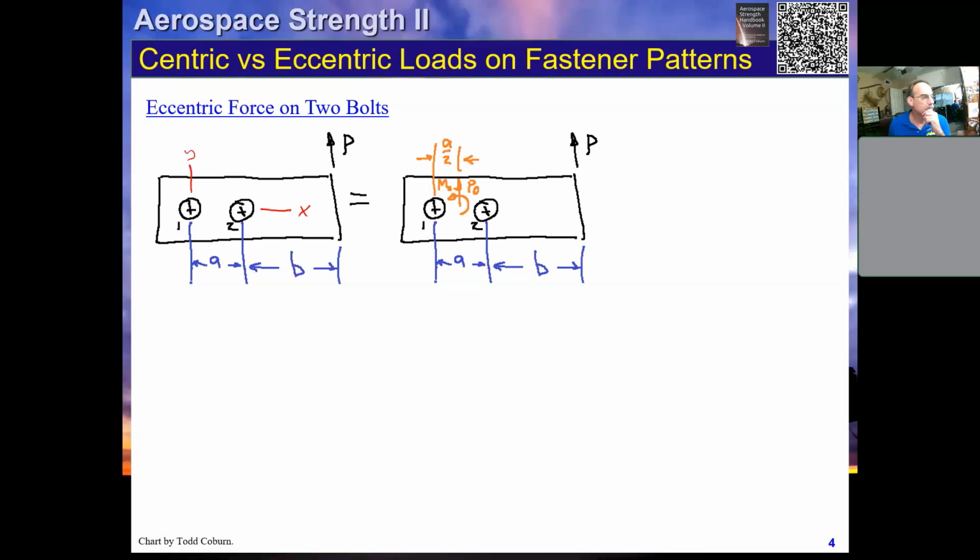Okay. With that said, we can see that our force, this P0 at the centroid, is just P, and the moment is just P times the eccentricity of the load, this perpendicular distance, which in this case is going to be A over 2 plus B, because it's this distance right here.